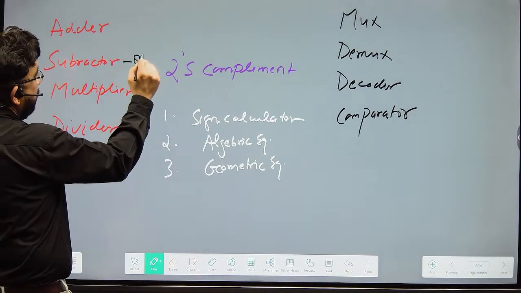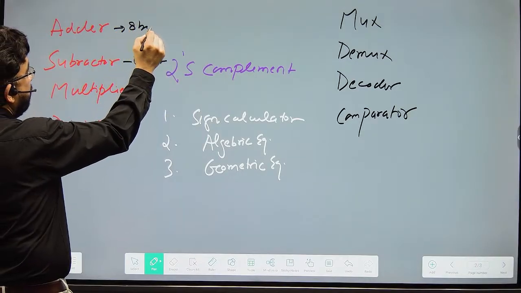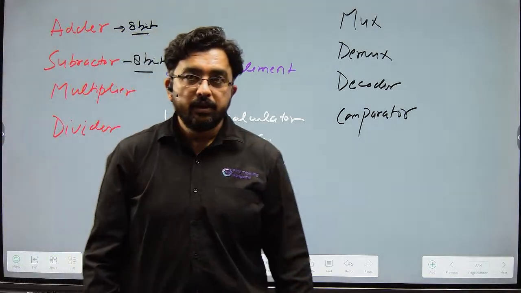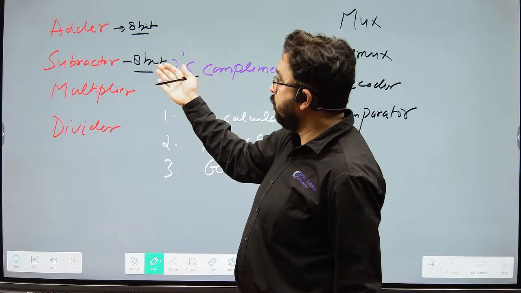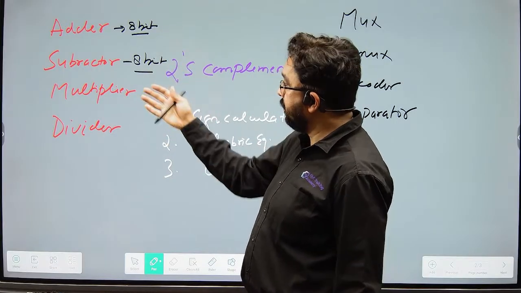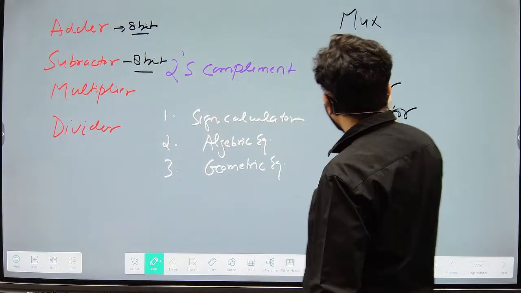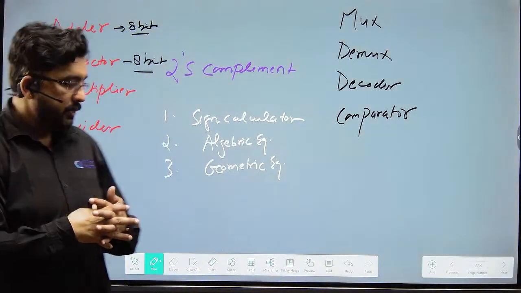I already prepared the 8-bit adder in the starting classes. Now I am going to prepare this 8-bit subtractor, and then we prepare the multiplier, divider and all these components, and then we are going to merge them. Okay, so let's see.